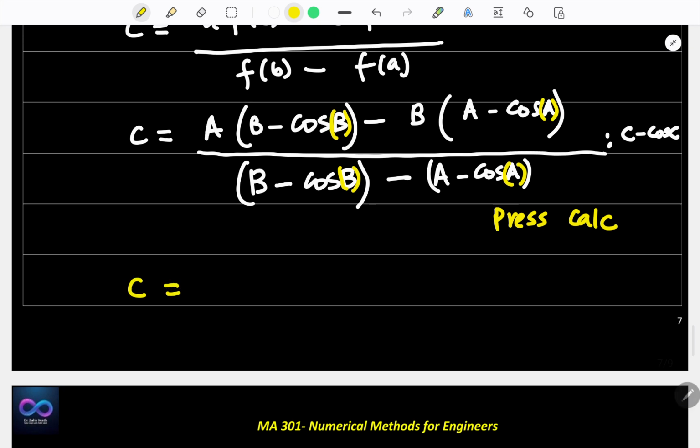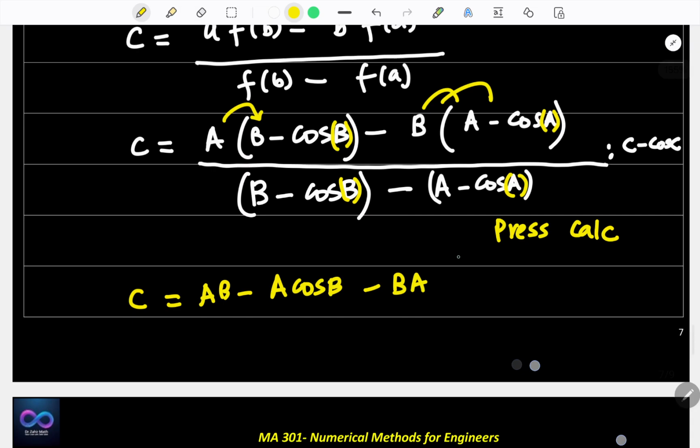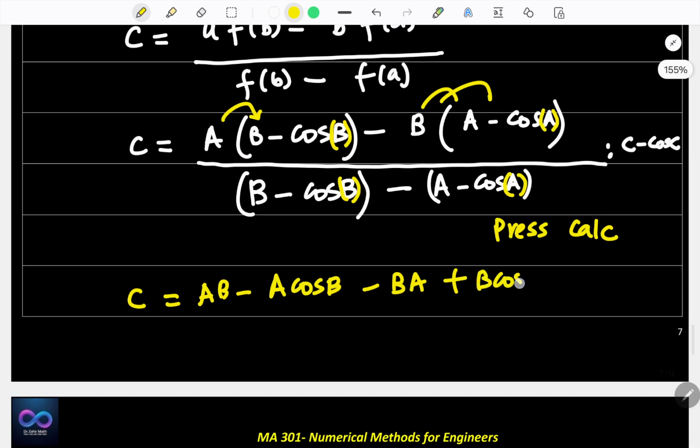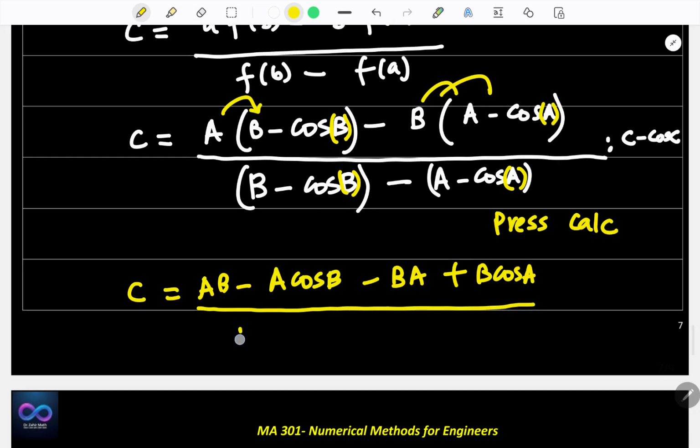See here, c is equal to multiply ab minus a cosine b, right? And then multiply minus ba, and then minus of minus is what? Plus, right? Minus plus b cosine a, right? Okay, divided by, yes, here denominator nothing will be cancelled. So b minus cosine b minus a, bracket is there, plus cosine a.